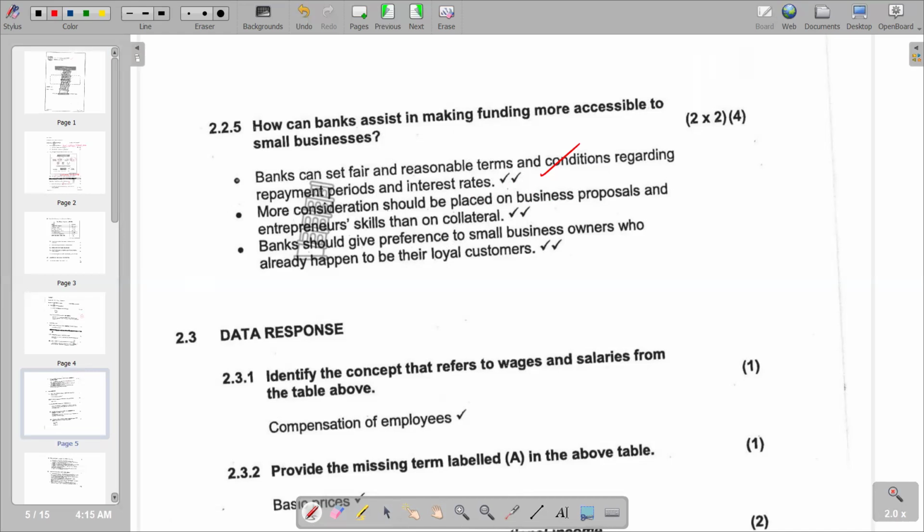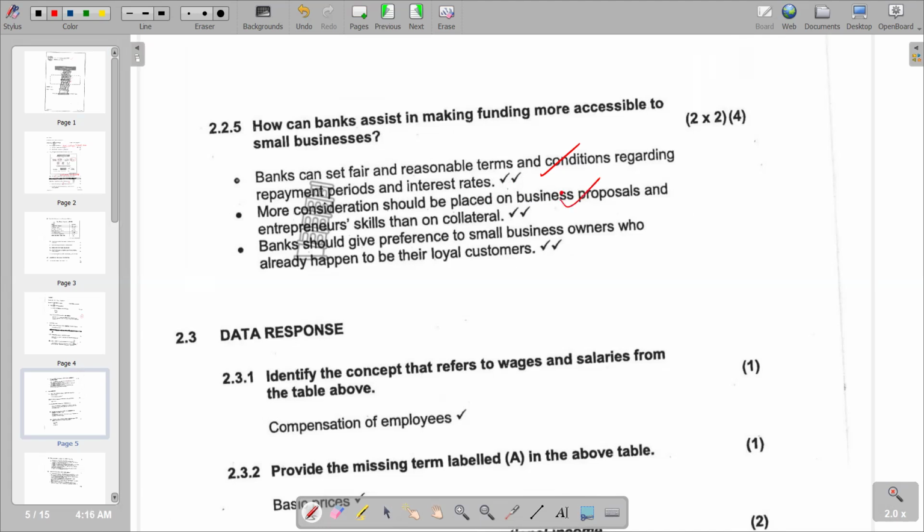The funding is still too low. So obviously, the banks can use skills analysis, whereby they assess the skills of the businesses applying for funding and use that as the basis for issuing the loans rather than using collateral. So basically, that's what we have on the second point.